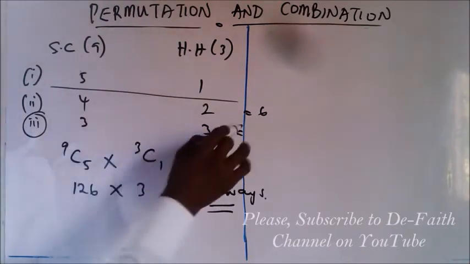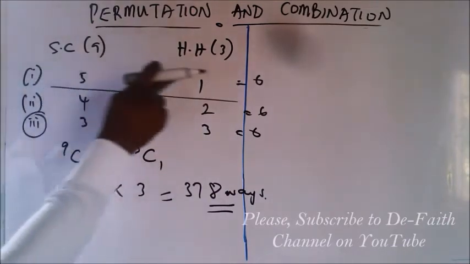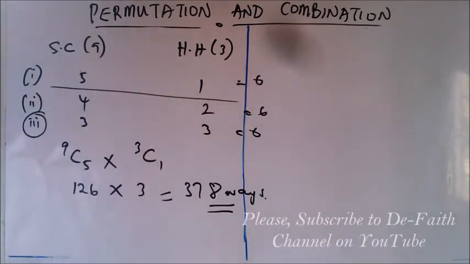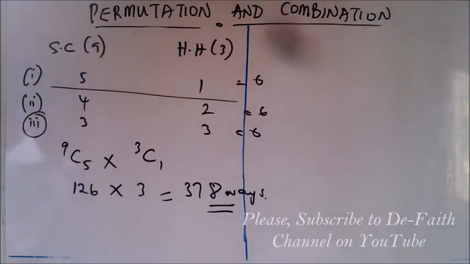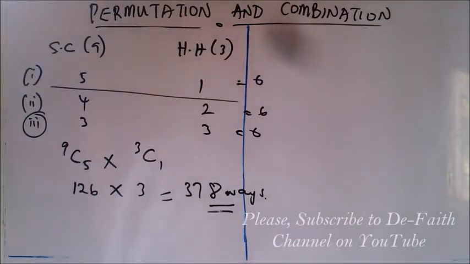And then this 3 plus 3 will give us 6. So what we would have done is to find the combination of this times this plus the combination of this times this plus the combination of this times the combination of this, and that would give us something else. But in this case, this is what we have as the answer.